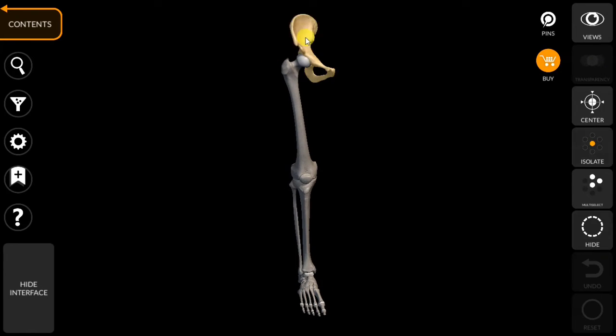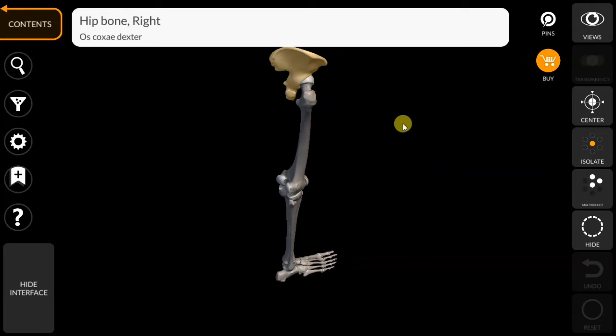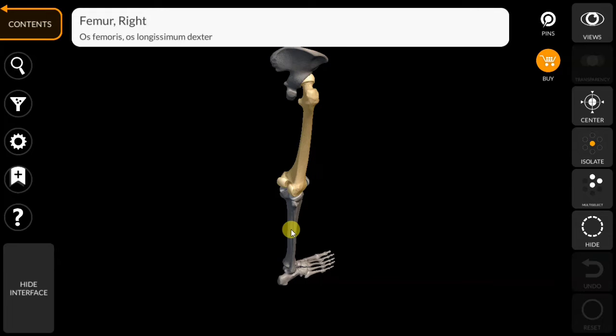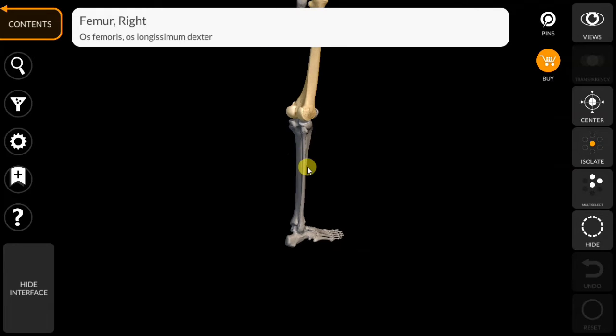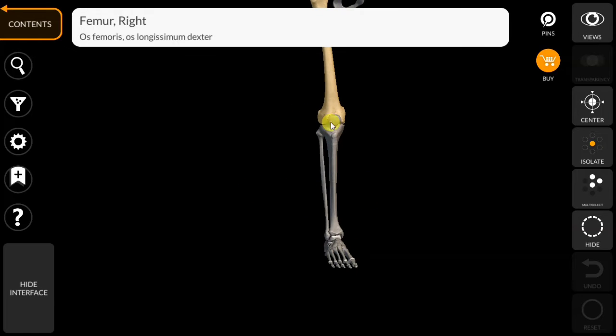The first one is the hip bone. As you can see in this picture, it's well described. It is the hip bone. The second bone is the femur, which is the largest bone of the body. Going down, we have the tibia, which is on the medial side, while the other bone, the fibula, is on the lateral side of the body.